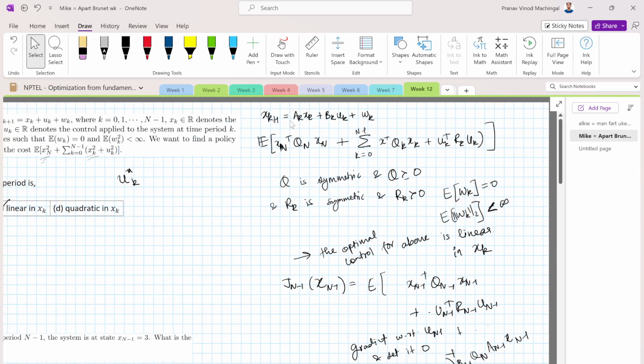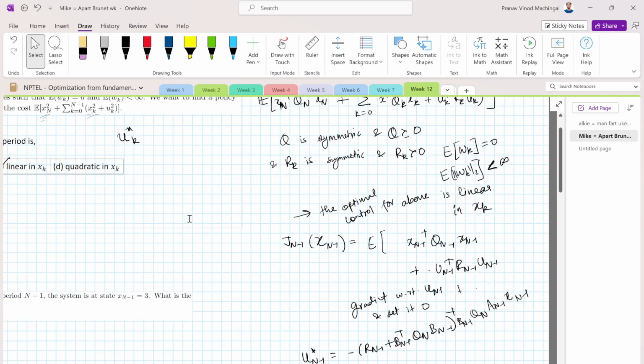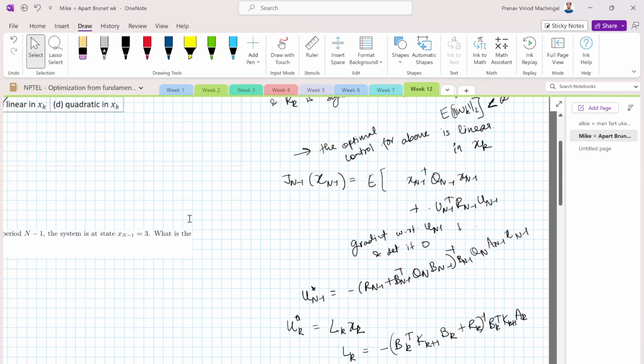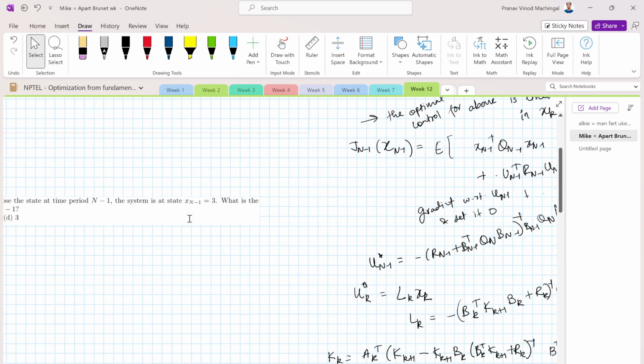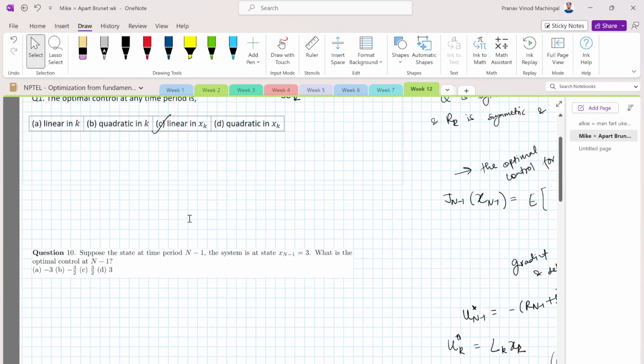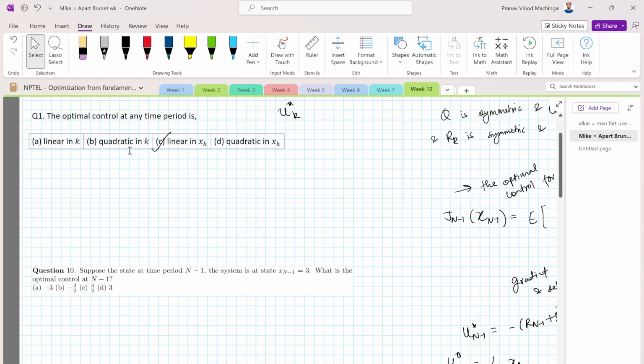Same as the case ak, bk are both 1 for all k. So it is linear in xk, not linear in k, not quadratic in k, not quadratic in xk, it is linear.